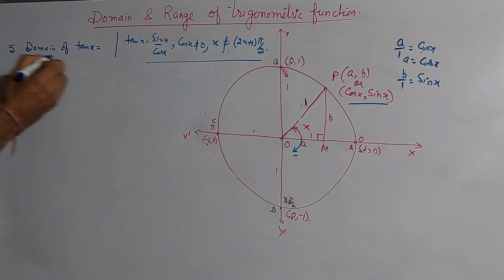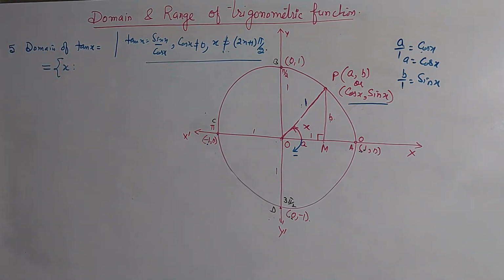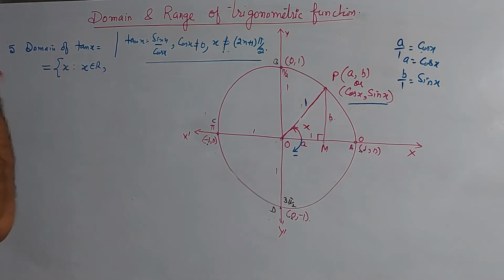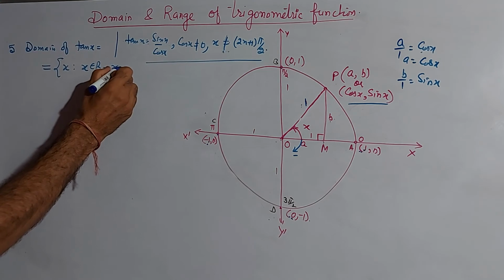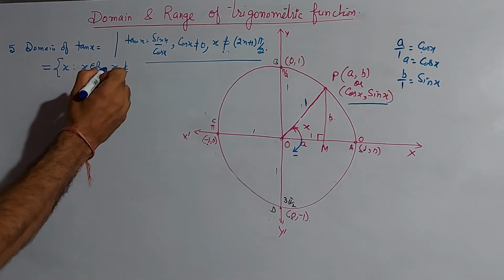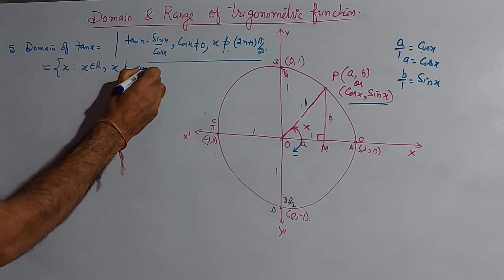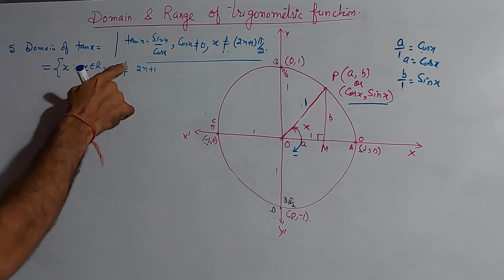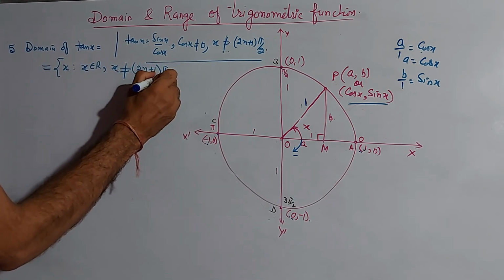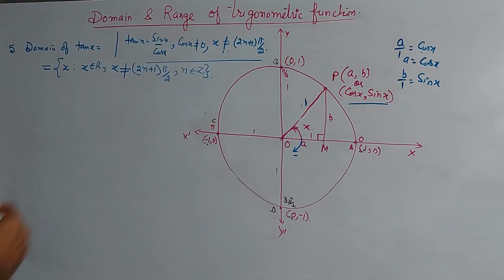So the domain of this function will be x such that x is a real number, but x does not belong to (2n plus 1) pi by 2, where n is a set of integers.